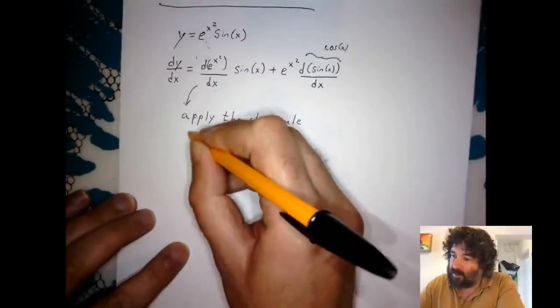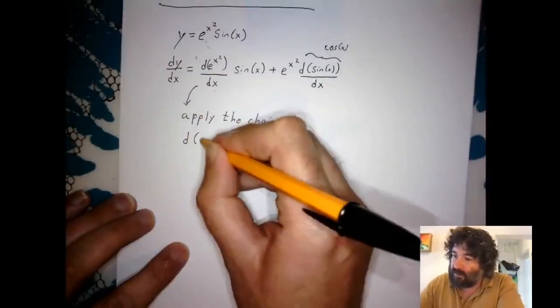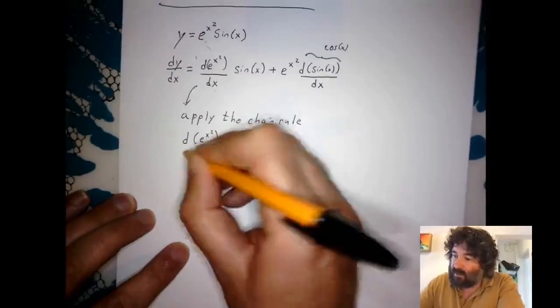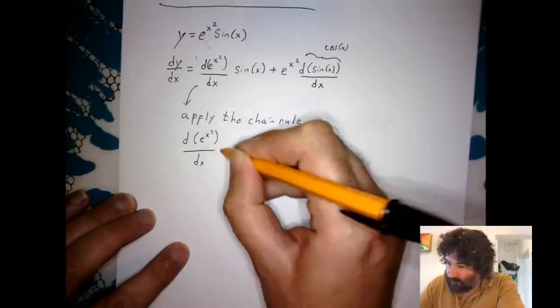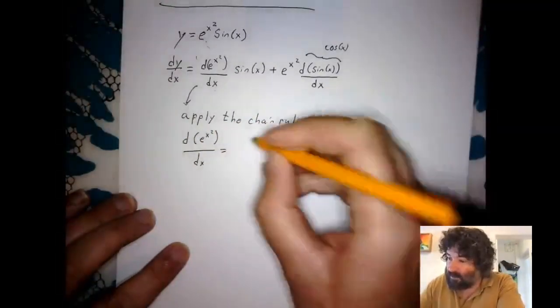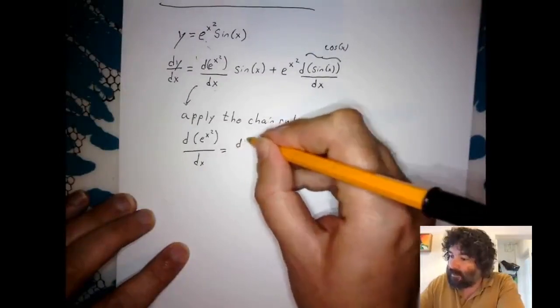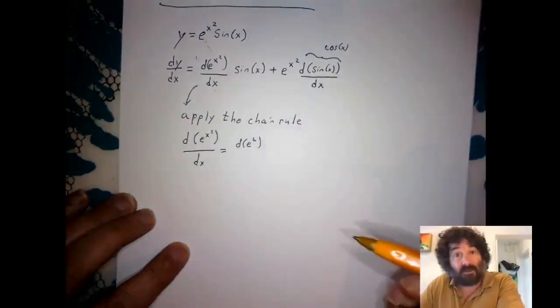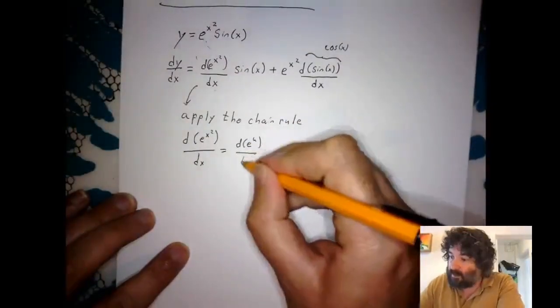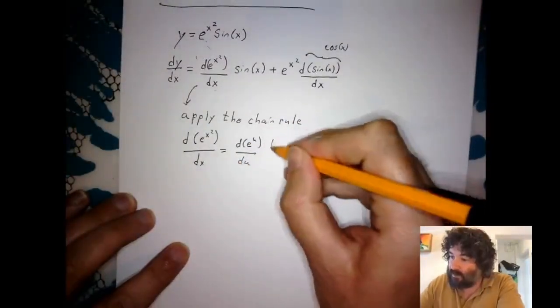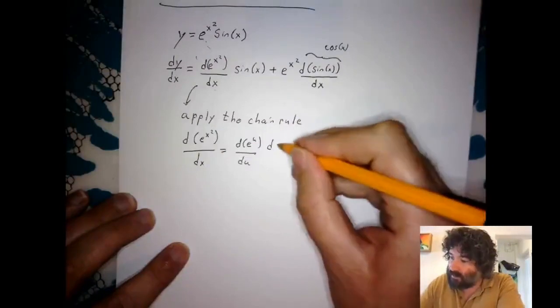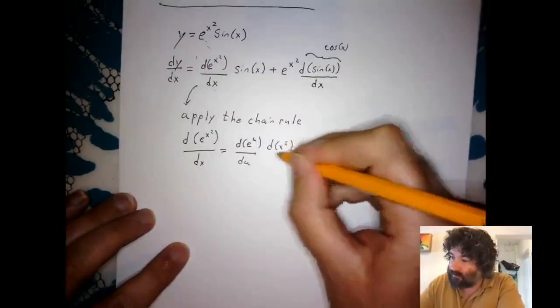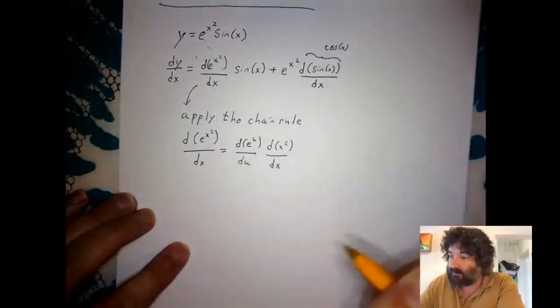When you apply the chain rule, the derivative of e to the x squared with respect to x is equal to the derivative of e to the u, where we let u be x squared, with respect to u, times the derivative of u, which is x squared, with respect to x.